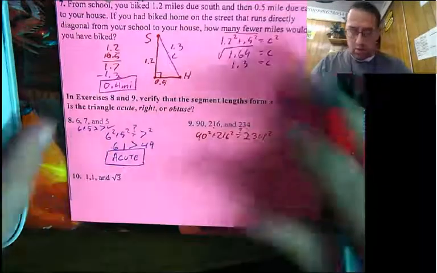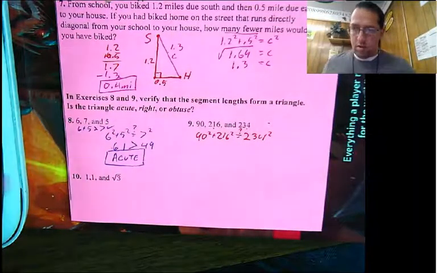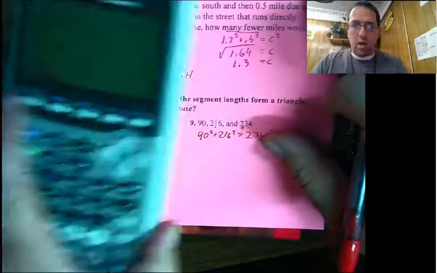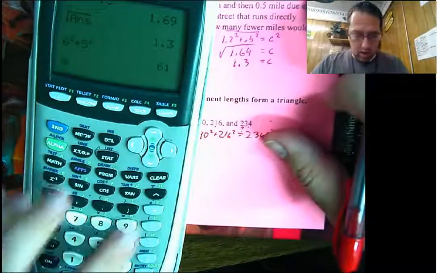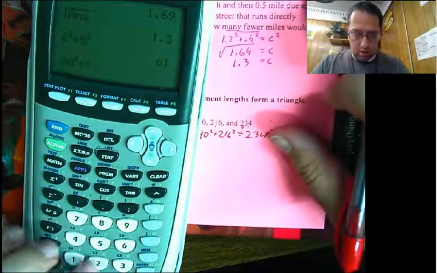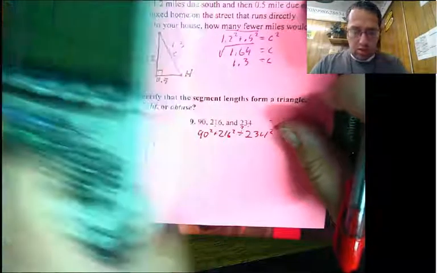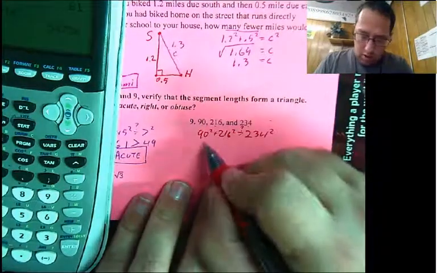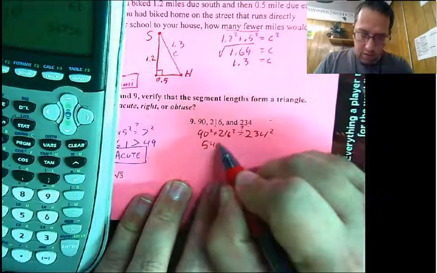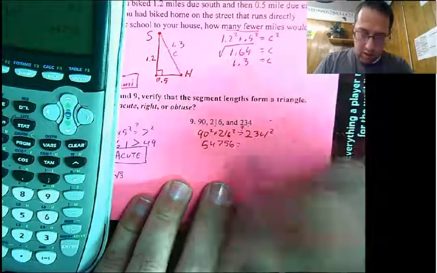All right, so let's see what we get here. Tell the phone to shut up. And we had 90 squared plus 216 squared, which is a great big number, 54,756.